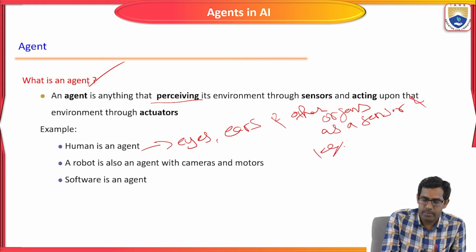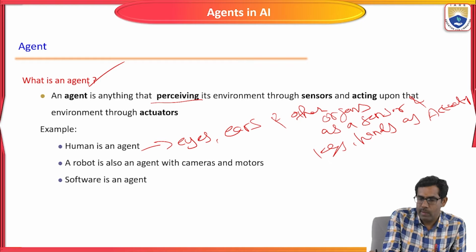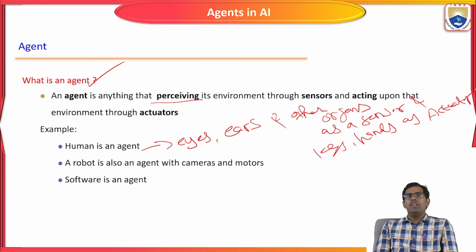And legs and hands act as actuators. So the ears, eyes, and other organs of our body work as sensors, and legs and hands work as actuators.